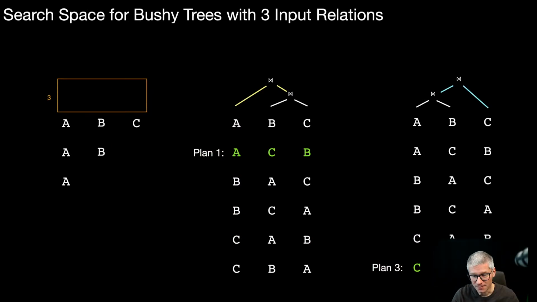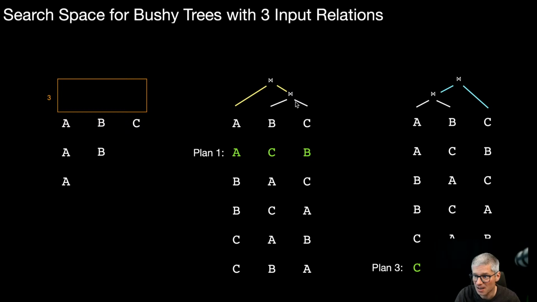So the factorial, that is 3 factorial here. 3 times 2, that's 6 different orders possible. So the number of relations factorial is the number of different orders you can put under that tree. And the same happens here.